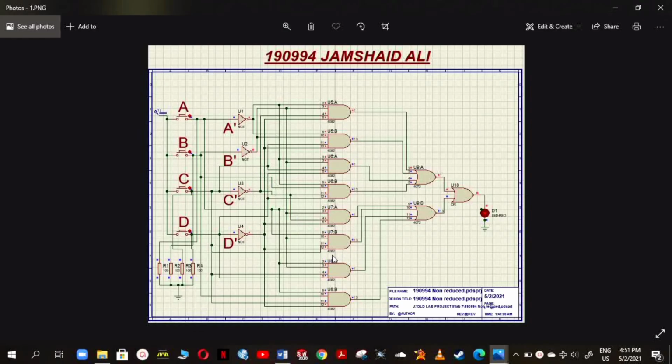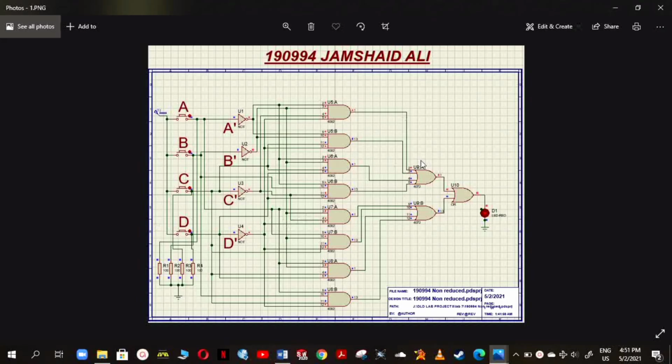In the sixth case I attached in the first input only A, in the second NOT of B, in the third only C, and in the fourth NOT of D. In the seventh case I attached only NOT of B and then A, C, D simply: in the first input only A, in the second input NOT of B, in the third input only C, and in the fourth input only D. And in the last case I attached only NOT of D, and all other inputs are as they are, A, B and C.